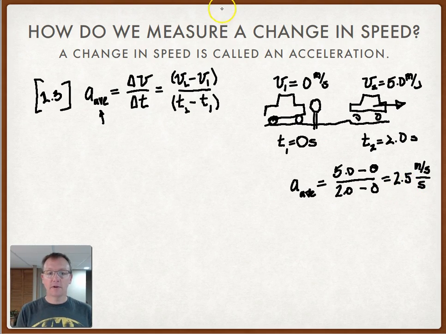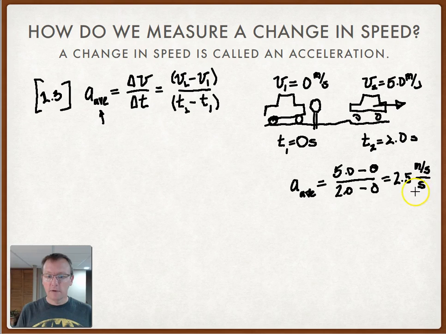Now, just as a side note, this will come up often, so I want to show you how this works. This set of units is correct, but it's the non-lazy way of writing it. There is a lazier way of writing it, and many people will write it the lazier way. I'll show you what that is. But to do that, you have to remember how to divide fractions. So really this means meters per second divided by seconds.